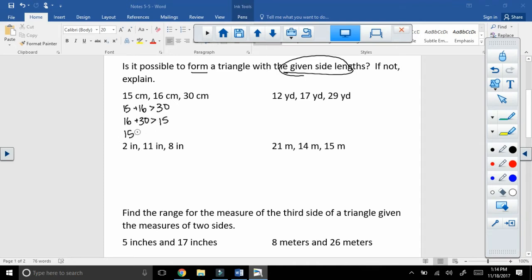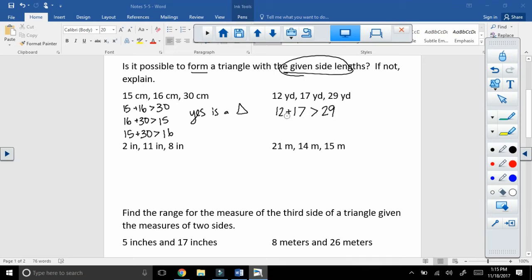So when you go through these options and you add those up, all of these add up to be more than the third side. So you could say that yes, this is a triangle. For this one here, when I add up 12 plus 17, that is exactly 29, and it has to be more than 29.